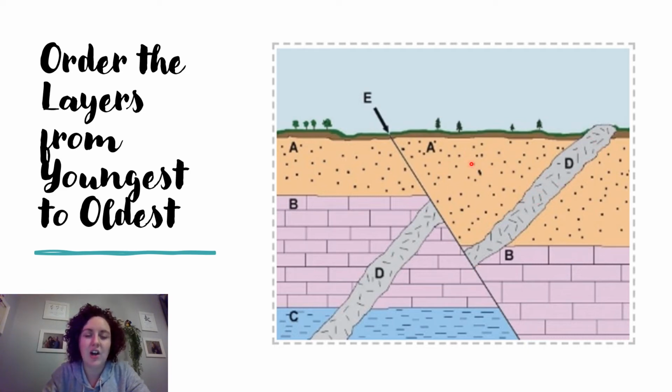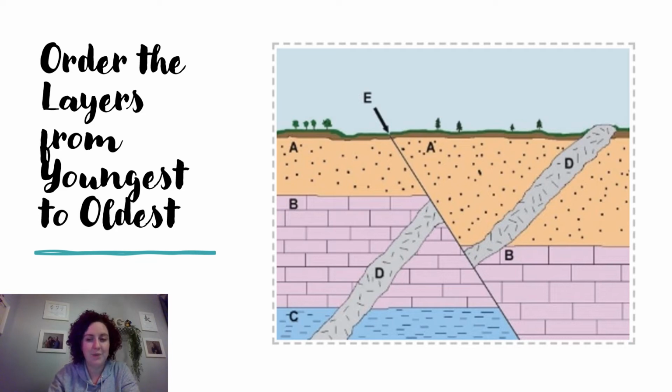It's cutting across A, so A had to be there before D was. Then D, because D had formed, and then E's fault occurred. So from youngest to oldest, we have E, D, A, B, C.